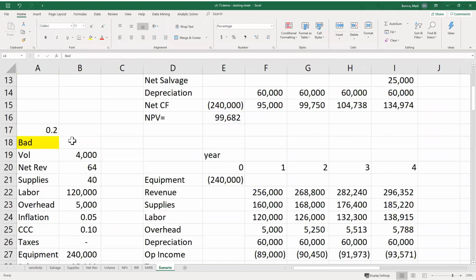And then the assumptions here about, is 20% the right thing? Should we have a 20% volume variance but only a 10% net revenue variance? I mean, we could change all those scenarios. It doesn't have to be 20% down the line, right?